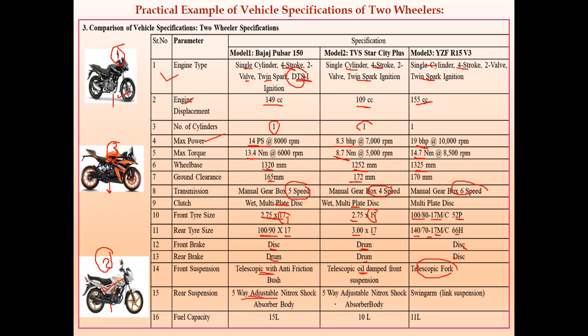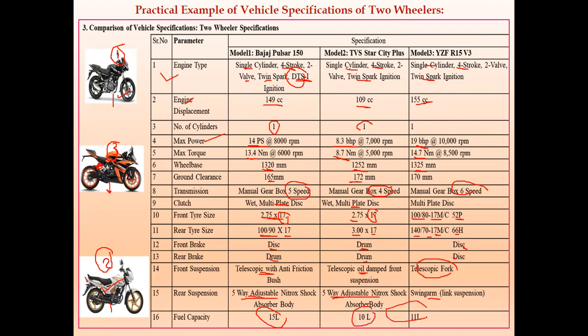Here again a 5-way adjustable Nitrox shock absorber. And in this case it is the link suspension system. Fuel tank capacity is 15 liters, 10 liters, and 11 liters.